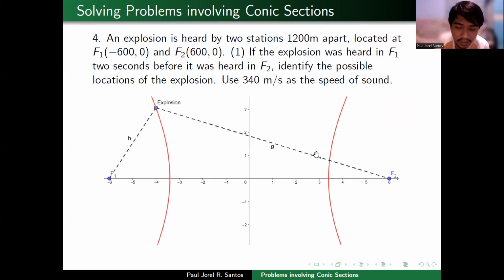Okay. To illustrate, I have here F sub 1. By the way, I just rescaled it. It is not 600, negative 600, 0. It is just negative 60 and 60 for me to illustrate it better, because it is too huge if I use the original graph.